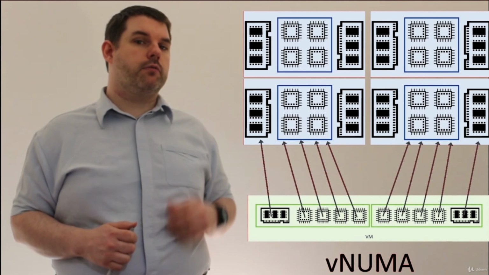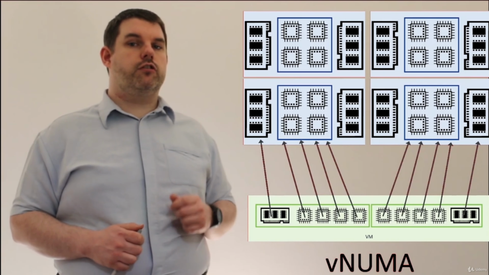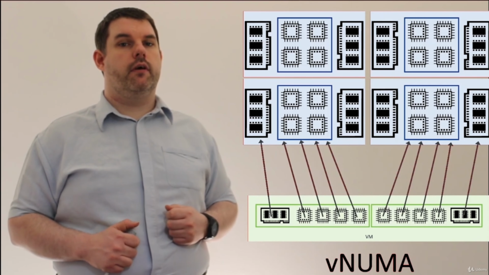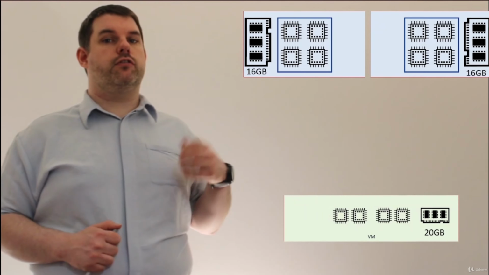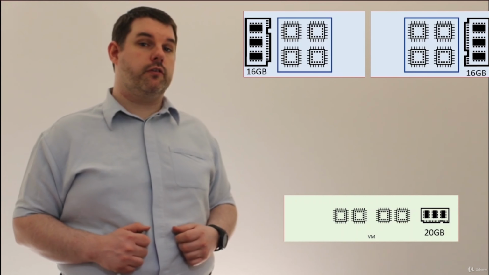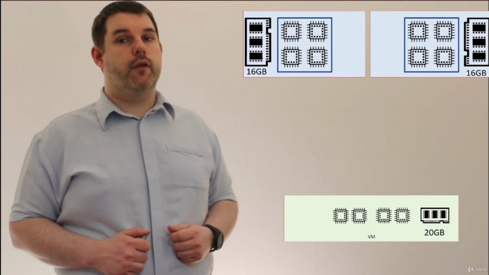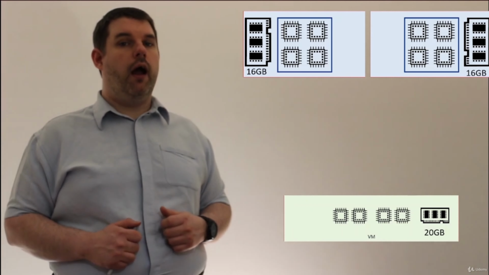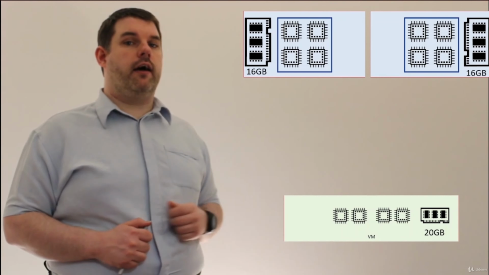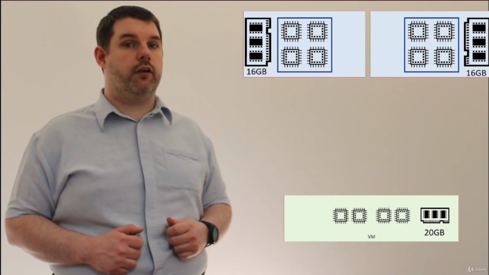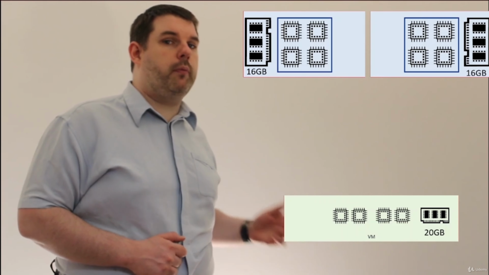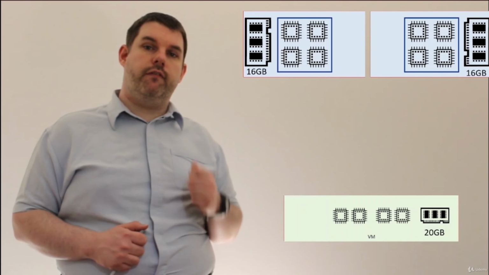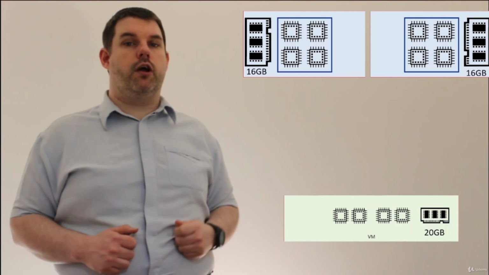But there are times when you may need to intervene, such as in the case of so-called wide VMs. In this example, we have 2 quad-core CPUs and 32 GB of RAM, split across the 2 NUMA nodes. Our VM only has 4 CPU cores configured, so vNUMA will not be enabled by default, but the 20 GB of RAM will not fit into a single NUMA node.